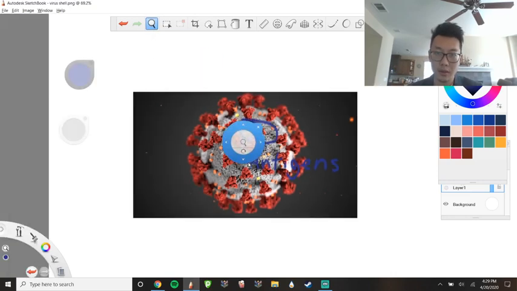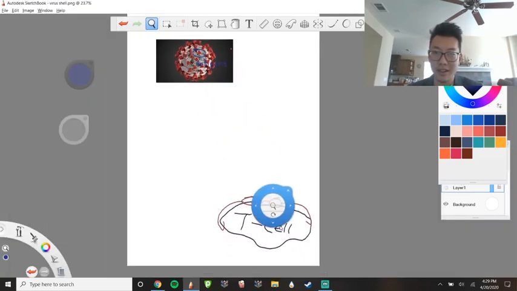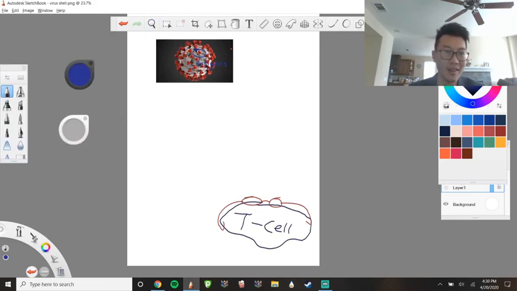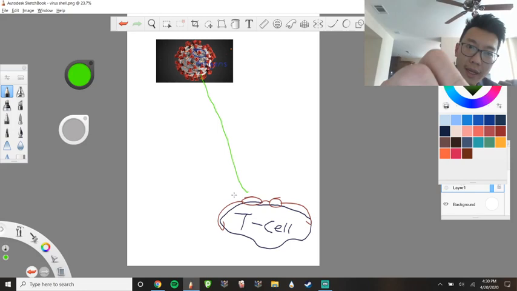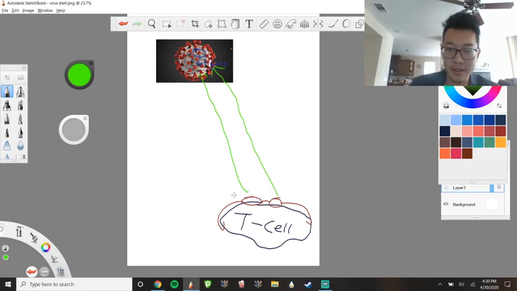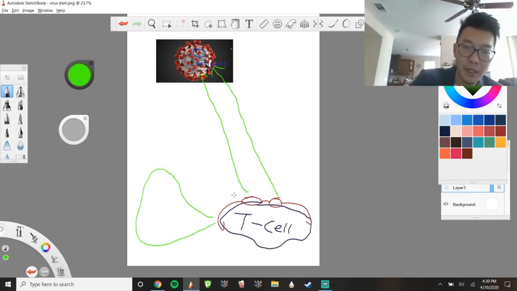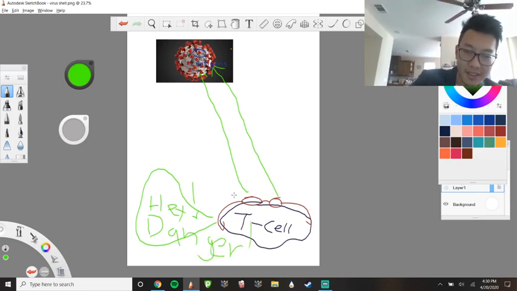So if we zoom out, here I drew a picture of a T cell with glasses on it, basically just to illustrate the idea that once these cells can recognize these antigens, it's going to start telling people, hey, danger, danger.